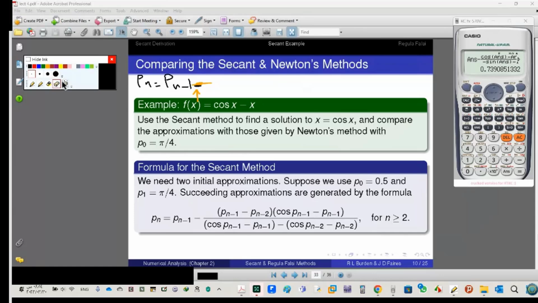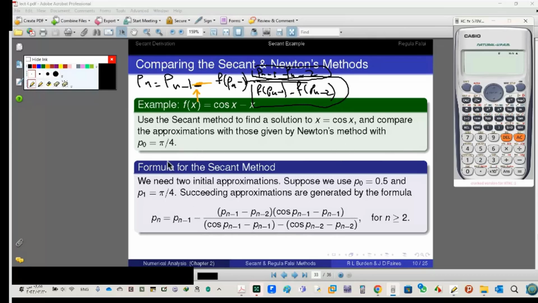Sorry for this. f of Pn minus 1 times Pn minus 1 minus Pn minus 2 over f of Pn minus 1 minus f of Pn minus 2. You can calculate this separately, or like me, you can use the calculator. I will use the calculator here again and show how we can find the result. It is Pn minus 1.